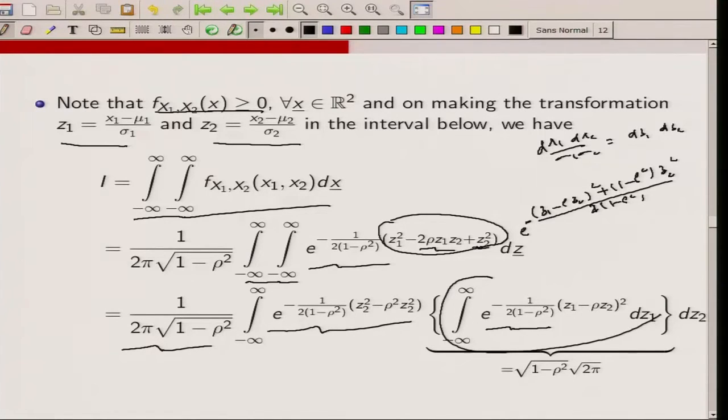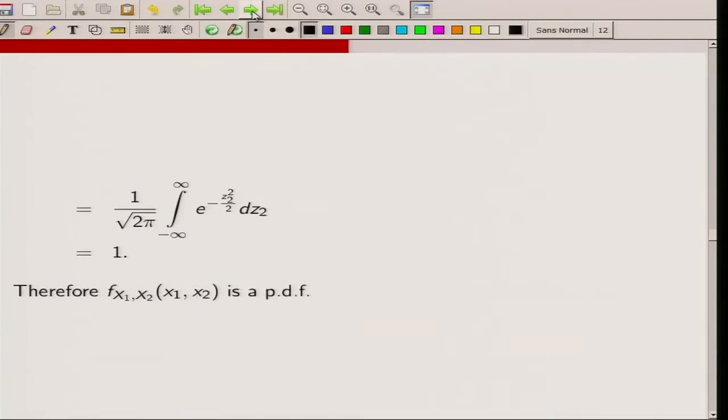I am throughout using the fact that the integral of e to the power minus 1 by 2 sigma square (x minus mu) whole square dx is nothing but sigma root 2 pi. So, that is why this would be nothing but square root of 1 minus rho square times root 2 pi. This comes outside as a part of the outside integral.